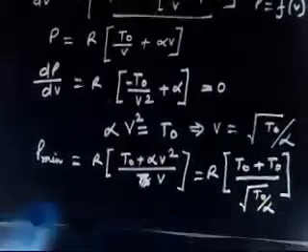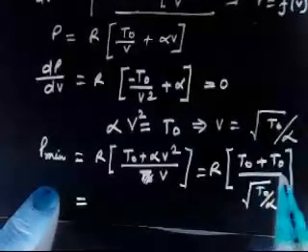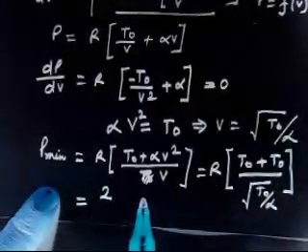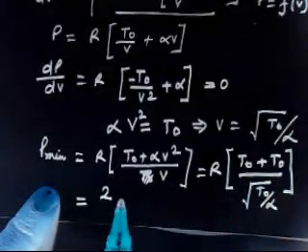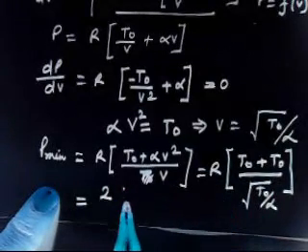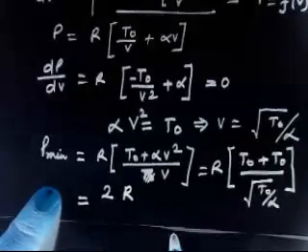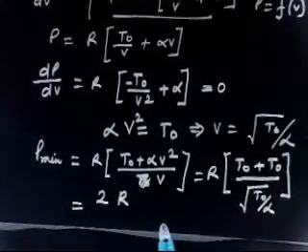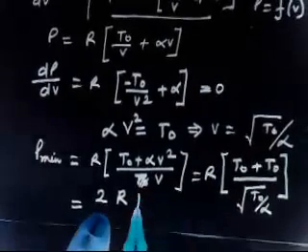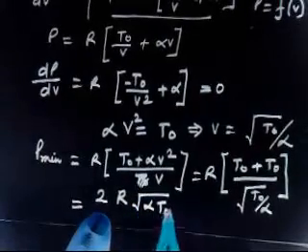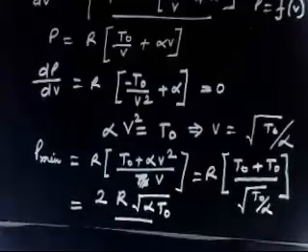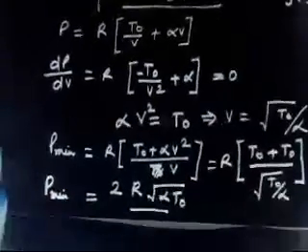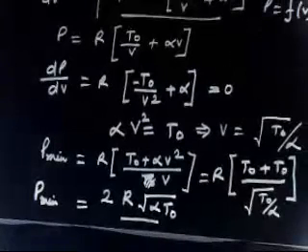If you solve this, T naught cancels, and you have 2R times the square root of alpha times T naught. You can verify yourself. This is the minimum pressure that can be attained during this process.